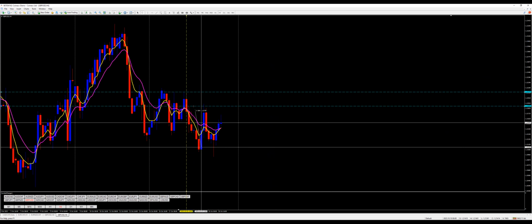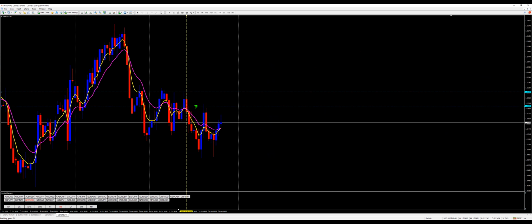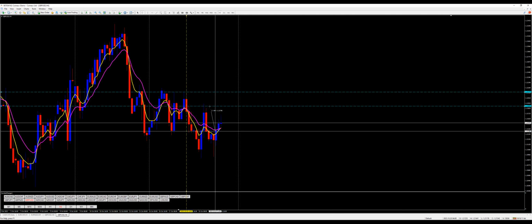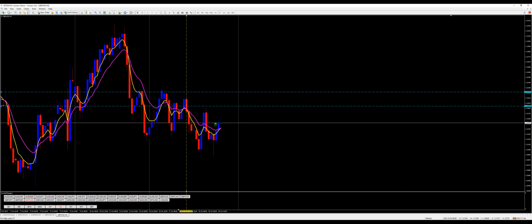And here's my trade. 75 pips, 20 lots, $15,000. And I get another trade over here. I mean, I'm still in the trade technically, but I can see that a higher low here would get me out over here. And 40 some pips.